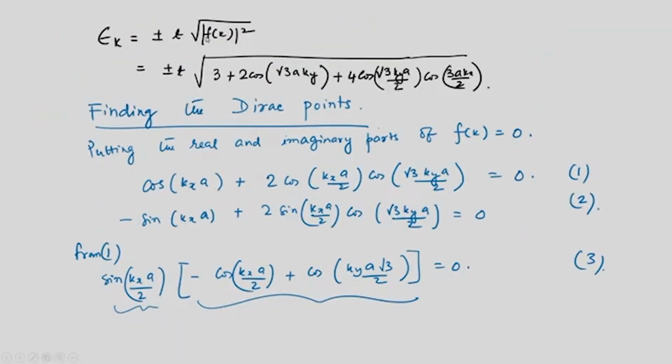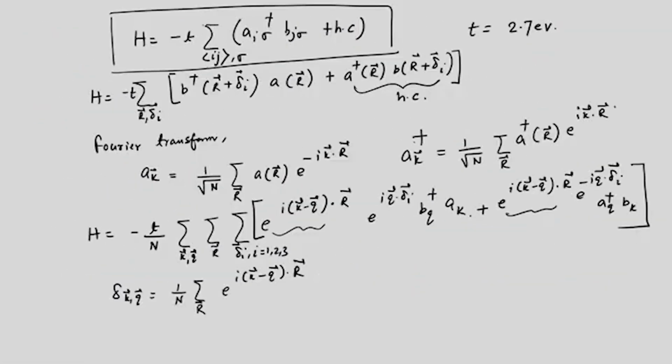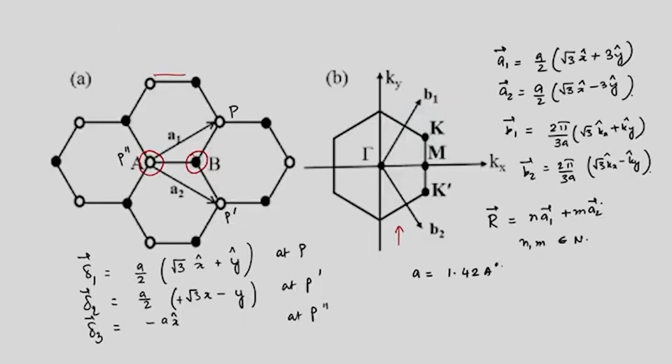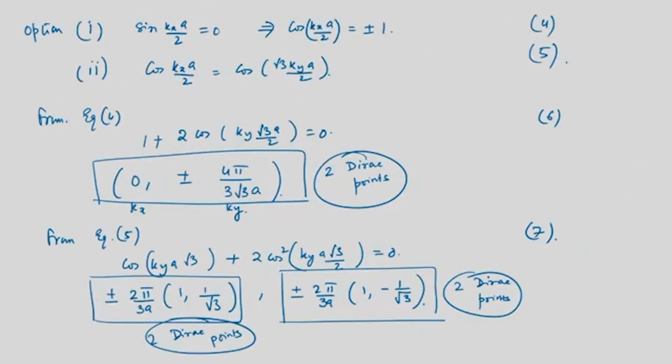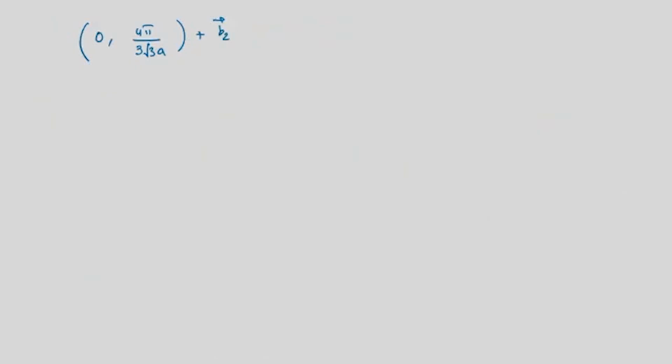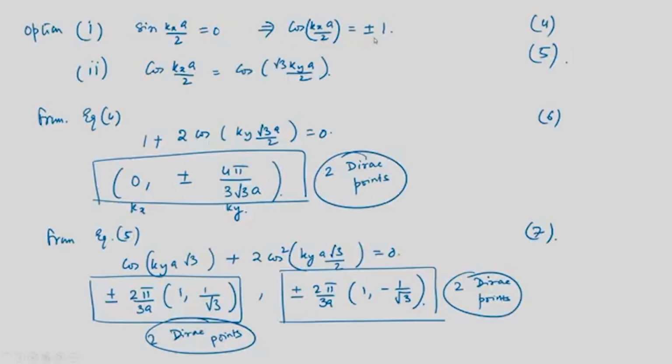Once you add b1 or b2 to this first point, you get one other Dirac point, which is (1, minus 1 by root 3), the plus 1 with a minus sign inside, and so on between them.